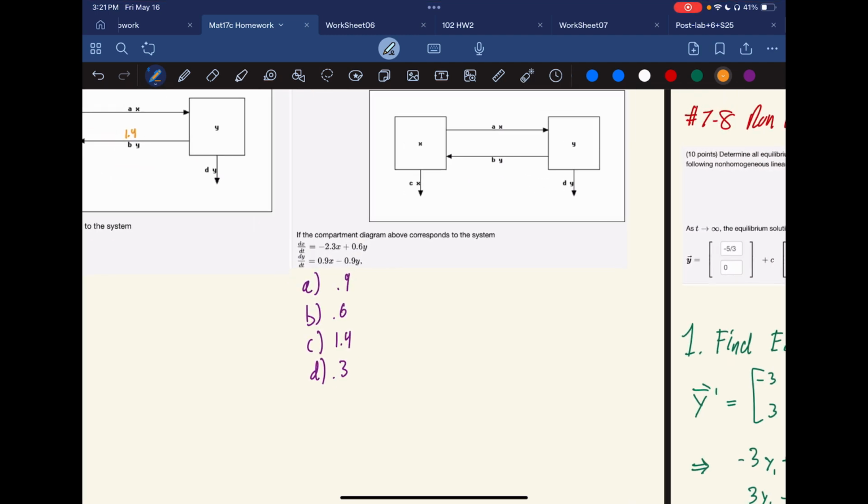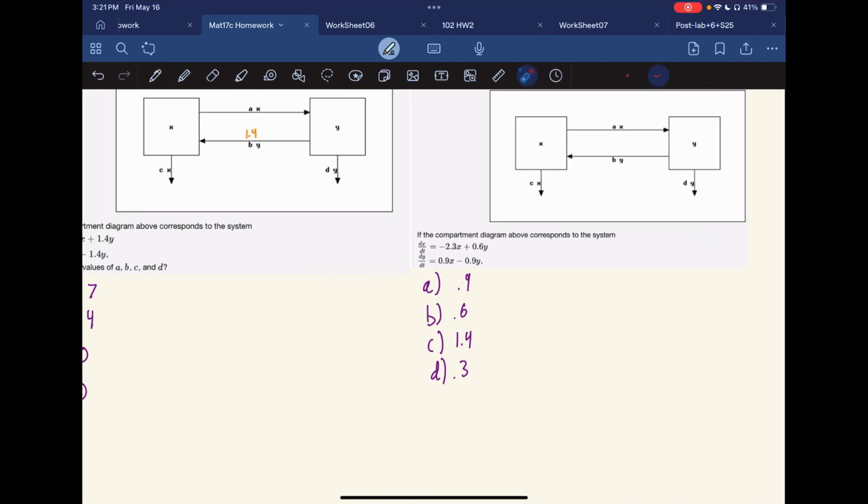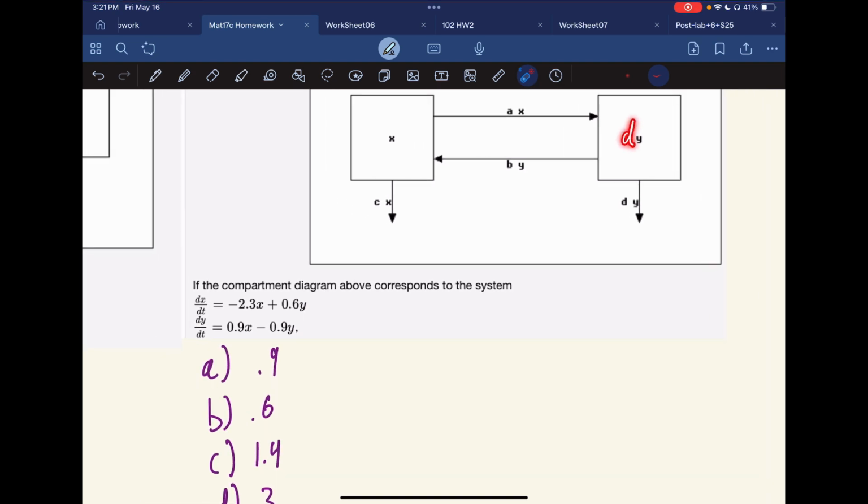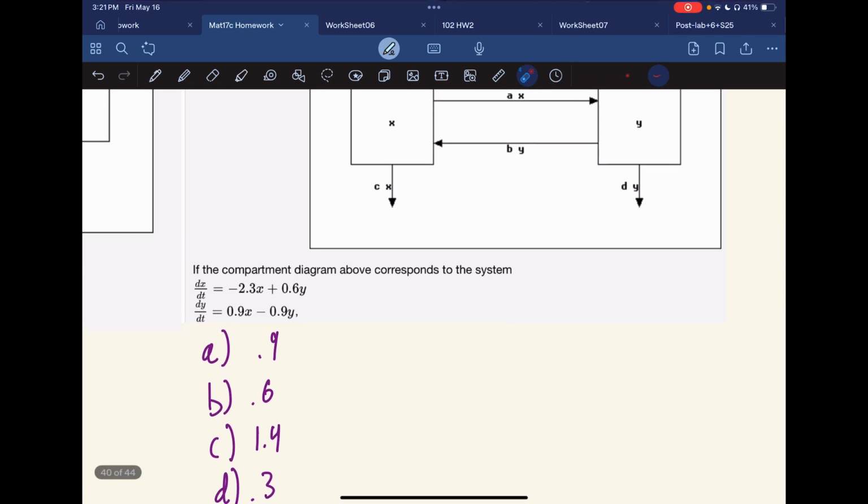We can do dy dt really quick. We know that b has a value of 0.6, and over here for y, dy of dt has a value of negative 0.9.